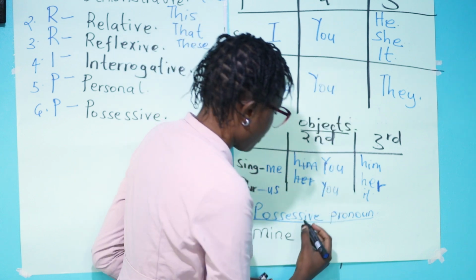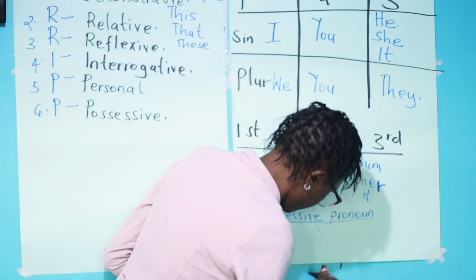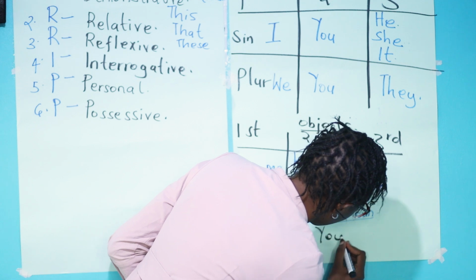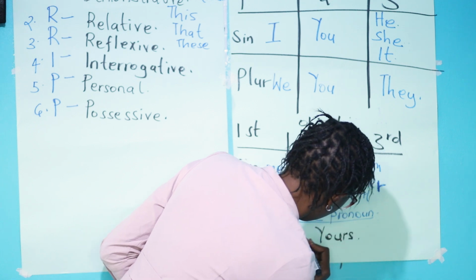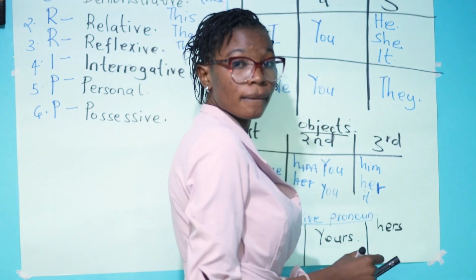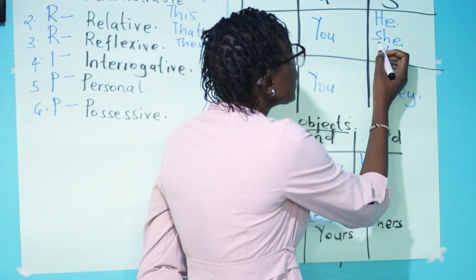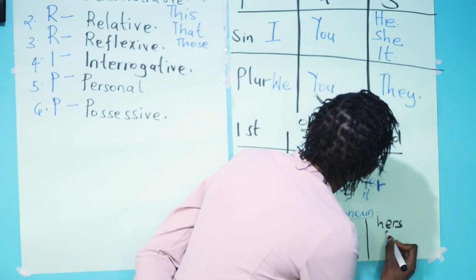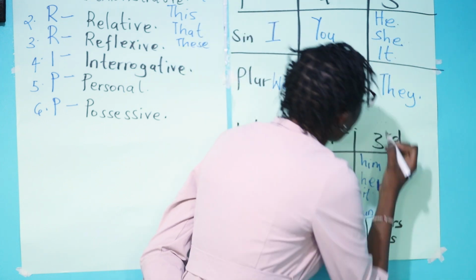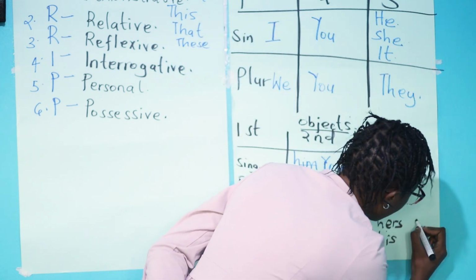And you, in a possessive pronoun, will become yours. And in the third person, she will become hers. He will be his. And it will be its.